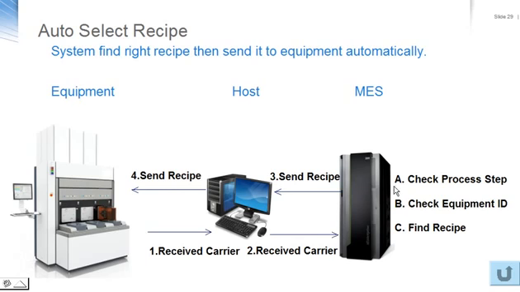Okay, the MES will check the process step and the equipment ID and find a recipe, and send the recipe to the host, which sends the recipe to the equipment. You can see those steps are automatic, with no more manual recipe setting.